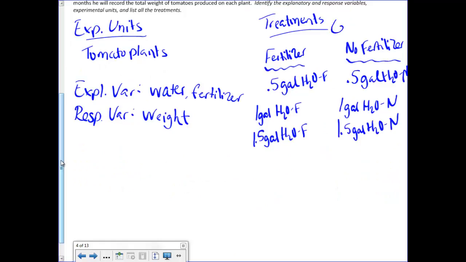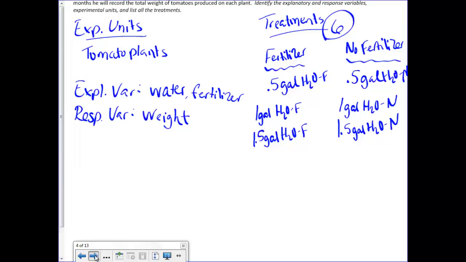So really, how many different treatments are there? There's 6 different treatments. So the treatments is where you specifically detail out how much water and fertilizer each of these plants get. Here, your explanatory and your response are still the water and the fertilizer. It's just not as specific in a sense. It's not the names of your medicine. It's not the specific amounts those plants get.